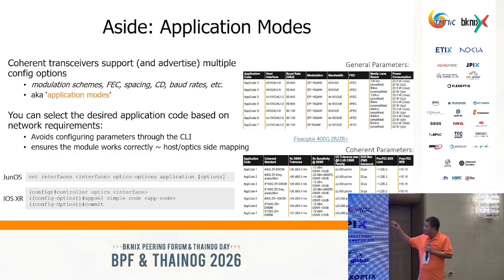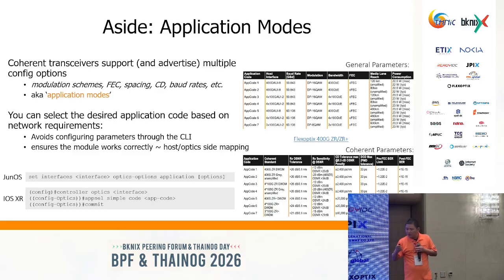But for IP folks, this is what I wanted to talk about: instead of you configuring what's on the line side, what's on the host side, coherent plugs expose what's called the application mode or application code, which means it tells you what modulation schemes it uses, what FEC algorithms it uses, right? What's the baud rate, what the shaping looks like. So me as an IP guy, instead of having to configure each of those parameters, you can selectively pick which application code to use, right?